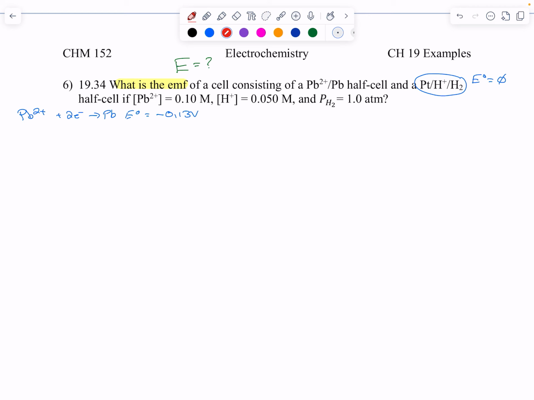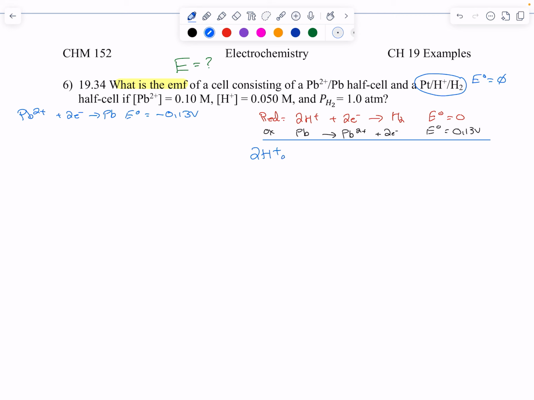So my reduction would be 2H+ plus 2 electrons going to H2. And then we'd have our oxidation, Pb going to Pb2+ plus 2 electrons, 0.13 volts.